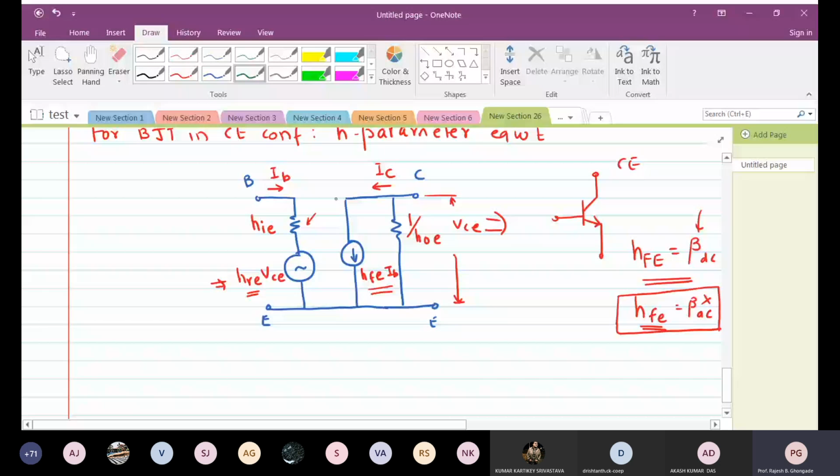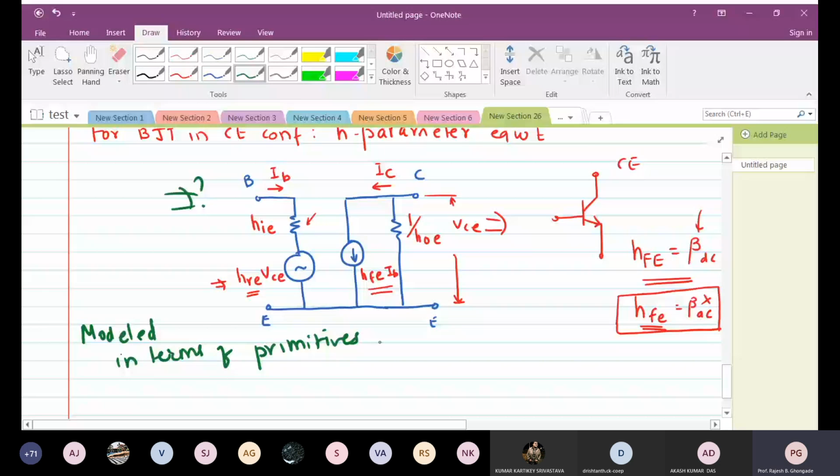And interestingly, I must have told you why we are doing this: because we want the transistor to be modeled in terms of primitives, or the basic building blocks. What are the basic building blocks?